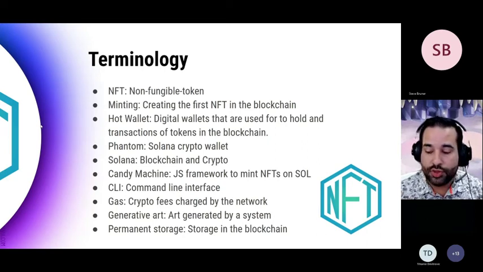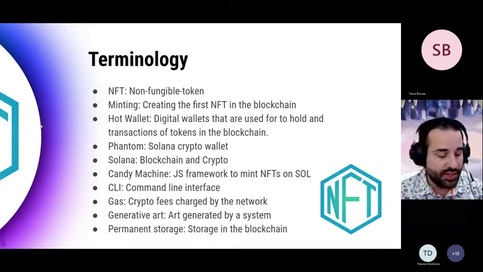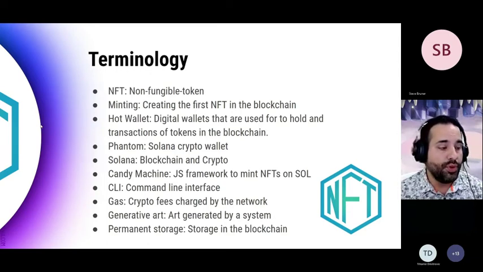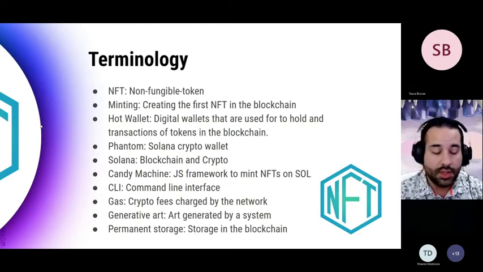In order to confirm those transactions, you need to have people with computers that are running algorithms that are confirming that those transactions are actually happening and that there's no funny business going on. Those people are using their computers, electricity, and hardware to perform these transactions. So they're actually using resources.